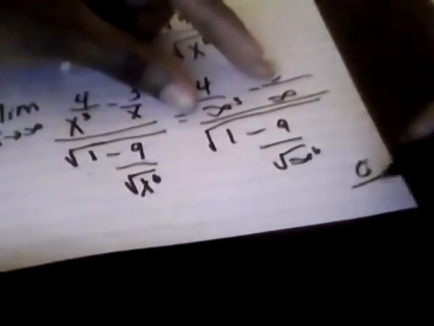Once you plug in infinity, the numerator gets you 0, and the denominator gets you 1. 0 over 1 is 0. So the answer for number 3 is 0. And the horizontal asymptote for this one is y equals 0.